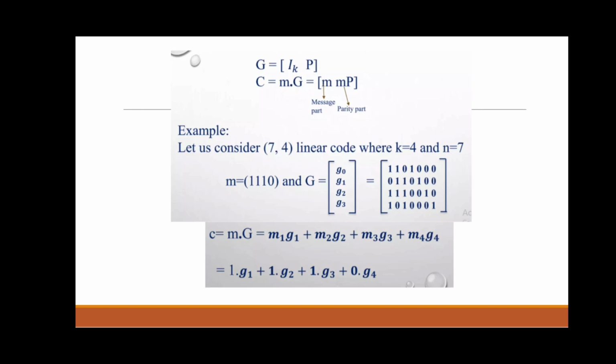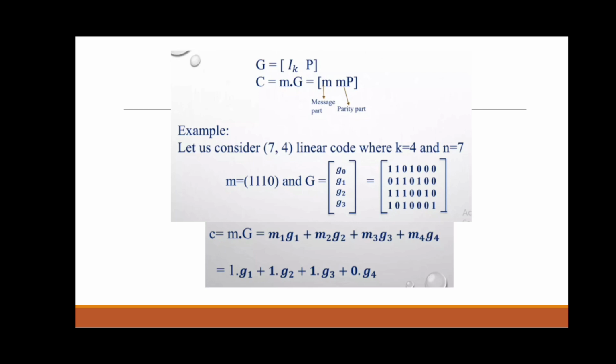Therefore, the message will be of 4 bits, and the generator matrix will be of order k cross n, so k is 4 and n is 7. The generator matrix will be of 4 cross 7, and this will be given in the question itself. We just have to perform the matrix multiplication to get the code, and C is equal to M into G.